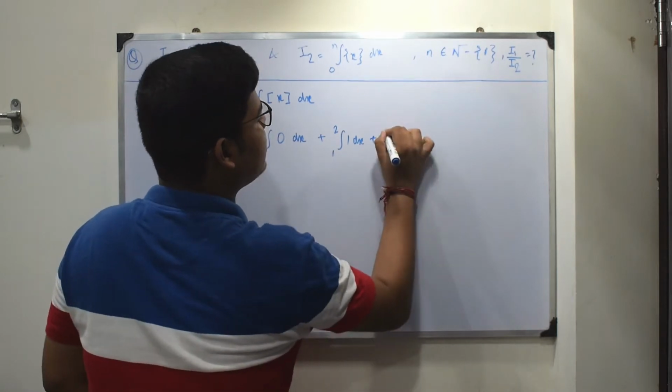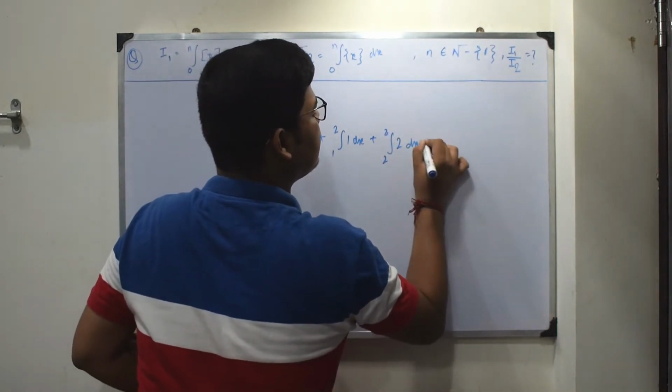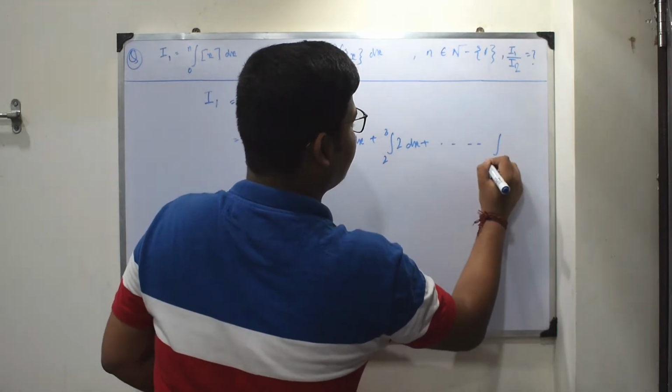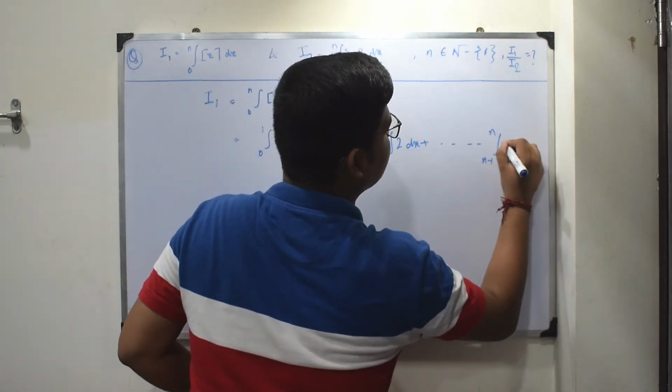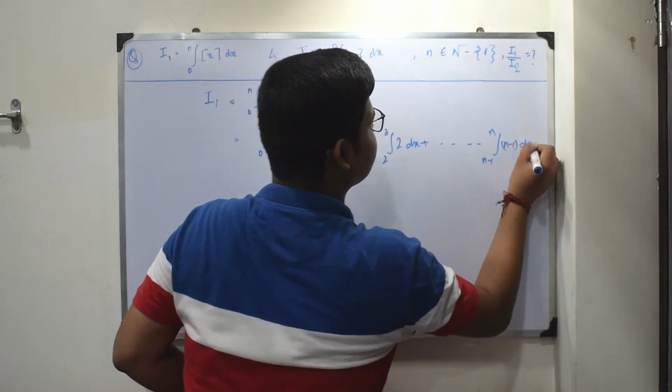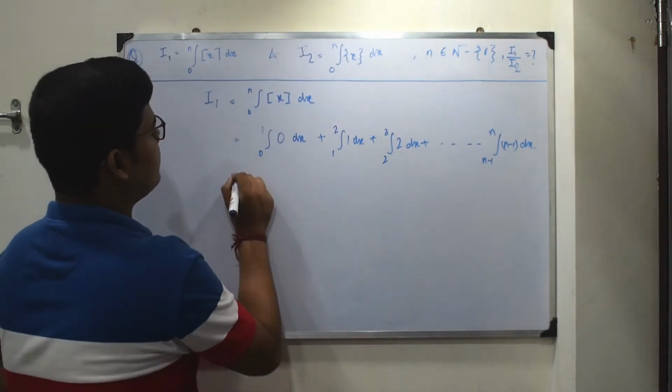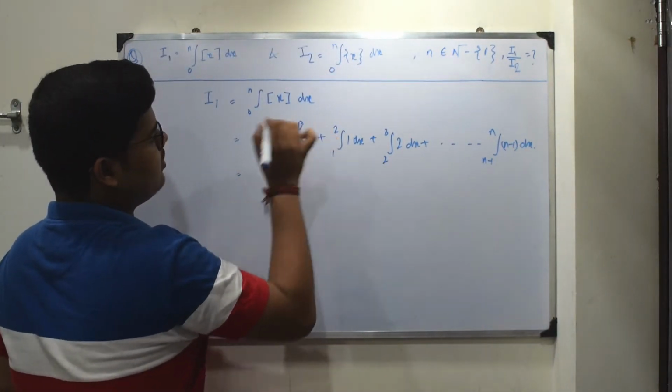Likewise from 2 to 3 it would be 2 dx, and so on, and from n minus 1 to n it would be n minus 1 times dx. The first one would be 0 itself always.